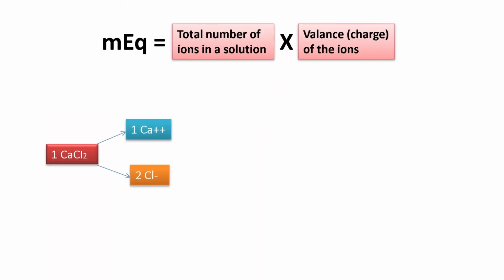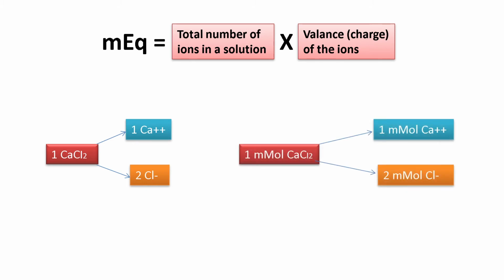One molecule of calcium chloride dissociates into 1 ion of calcium and 2 ions of chloride. Therefore, 1 millimole of calcium chloride will dissociate to form 1 millimole of calcium ions and 2 millimoles of chloride ions.